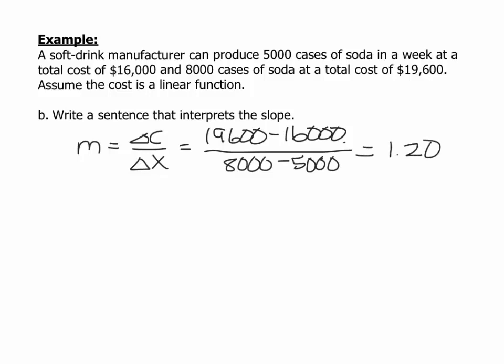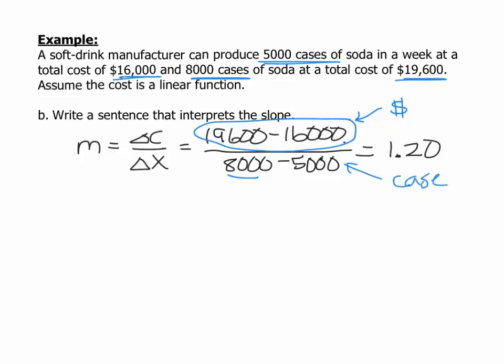So I want to have the units that go with this, so let's make sure that we know what the units are. When we think about these two numbers here, those are our dollars for the cost of producing our soda. So those are both in dollars. And these two numbers here, those are our cases of soda, so those represent cases.